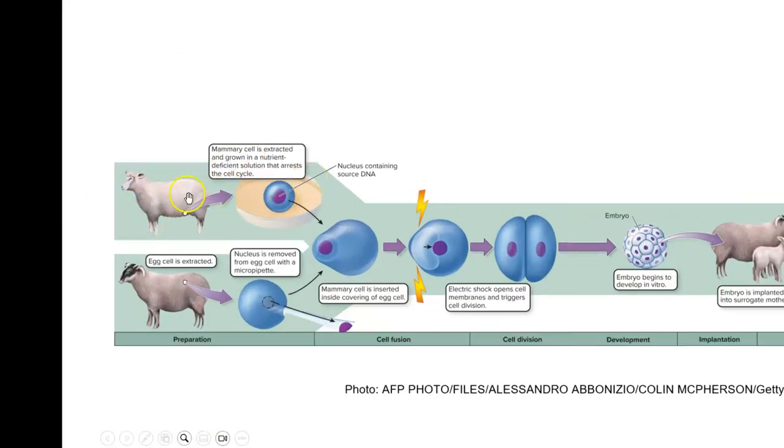Here you can see we took a mammary cell from this sheep. This has the nucleus that is our target information that we want to keep. So we'll take that nucleus out. We'll take an egg cell from this sheep, remove the nucleus from it. It has the genetic information we're getting rid of. And then insert the nucleus from our target sheep.